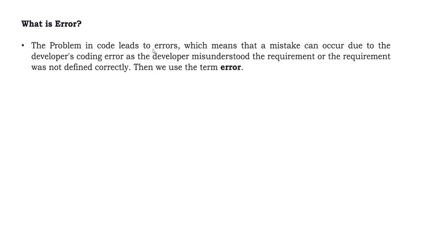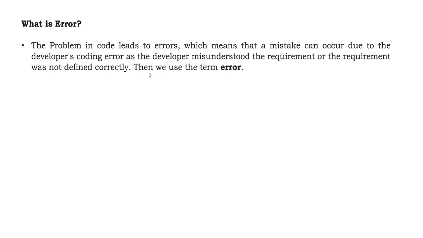Problems in code lead to errors, which means that a mistake can occur due to the developer's coding error, or the developer misunderstood the requirement, or the requirement was not defined correctly. Then we use the term error.